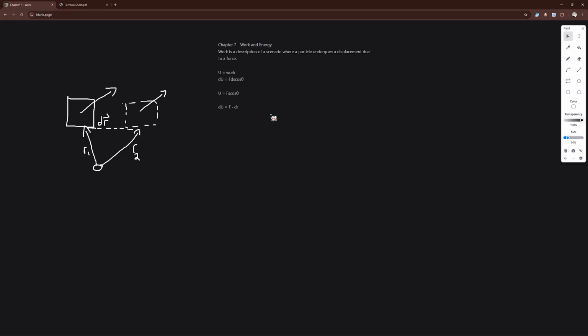Anyways, that is when it's a scalar. Now, looking back at this cosine equation, what do we know about cosine? Between 0 and 90, cosine is positive. At 90, it is 0.